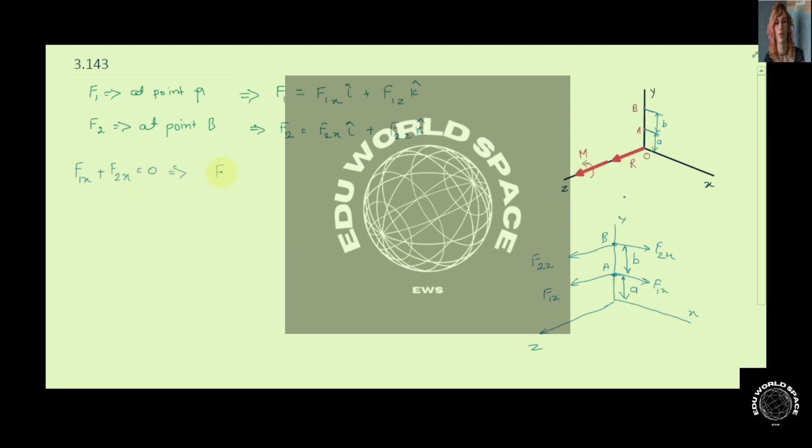This gives F1x equals to minus F2x. Let us say this is our equation 1. Now if we balance the forces in z direction, then both are in the same direction, and that is the same direction of R. So we can write F1z plus F2z must be equal to R. Let us say this is our expression number 2.